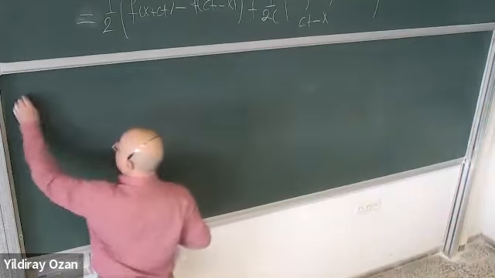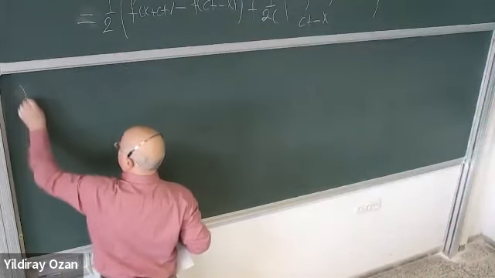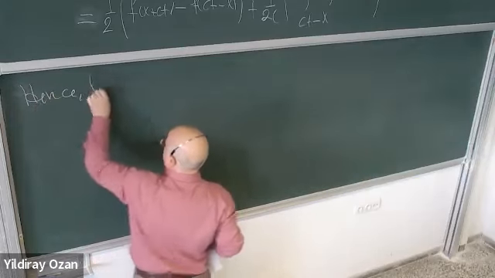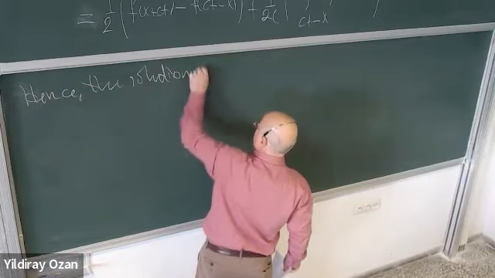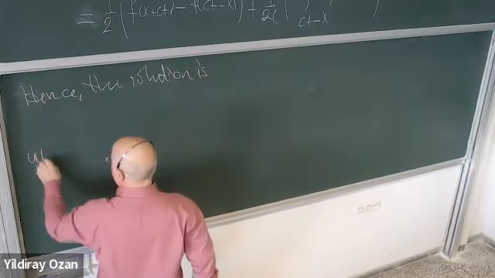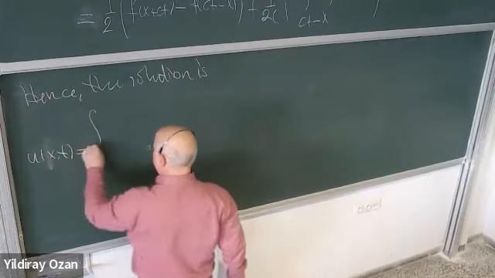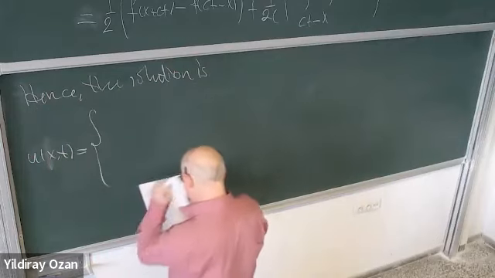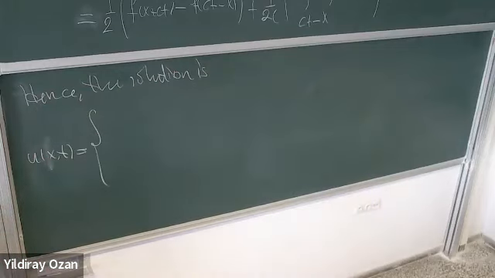So u(x,t), hence the solution is u(x,t), for positive values of x minus ct, right?